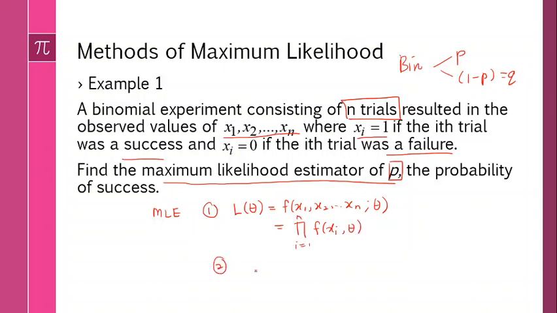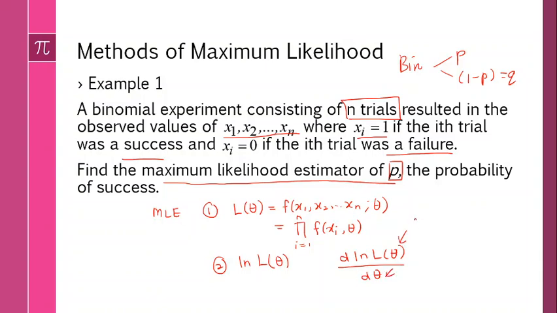The second step is to take the ln of the likelihood function, and next you differentiate the ln of the likelihood function with respect to the parameter. If here it is θ, then you differentiate with respect to θ.